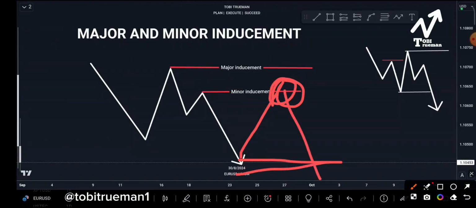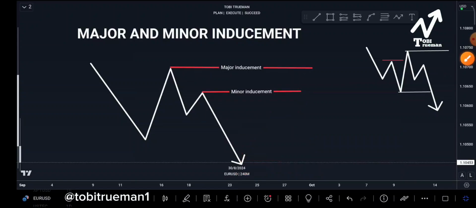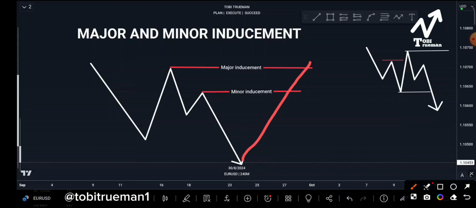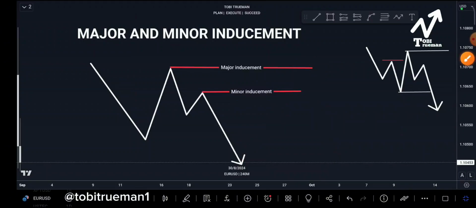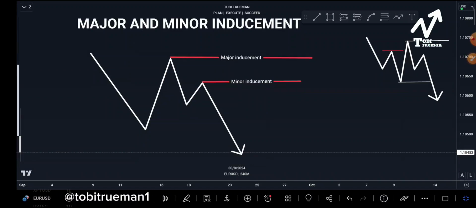If price did not give us our entry there, then price can go to the major inducement and give us our entry, and then we can also sell downward. So we'll have two selling opportunities, at the minor inducement and at the major inducement. Okay, the scenario where this cannot be applicable or can be tricky, this is what I'm going to explain next.